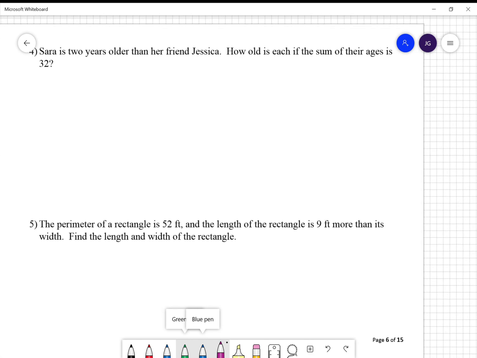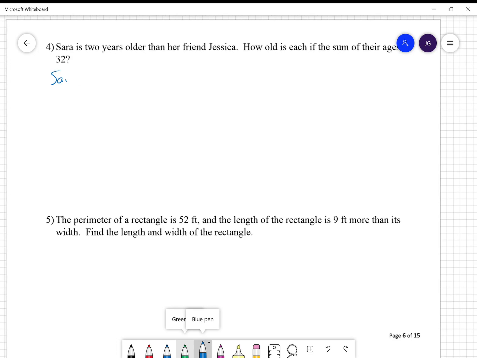Sarah is 2 years older than her friend Jessica. How old is each if the sum of their ages is 32? Okay, well, we have unknowns. My unknowns is Sarah's age and Jessica's age.